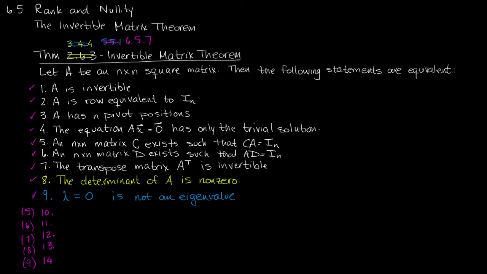Number 5, which is going to be my new number 10, says both the row and column vectors of A are linearly independent. So if I know the number 1 in my new version, which is Ax equals 0 has only the trivial solution, this is my old number 1.